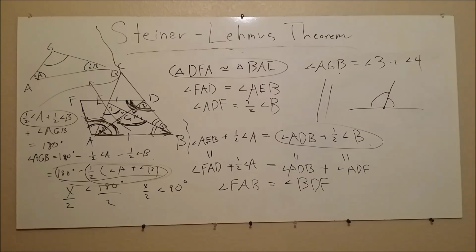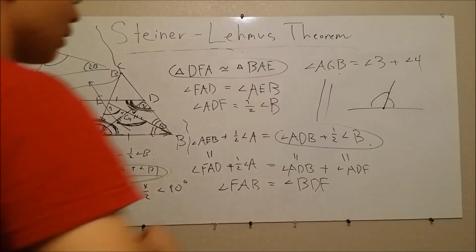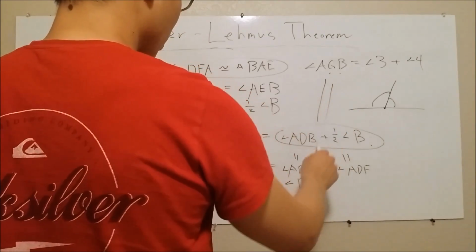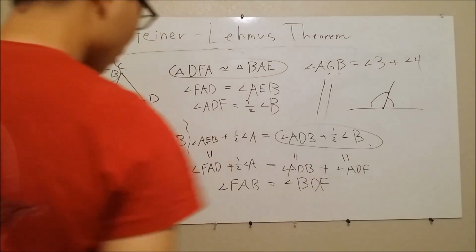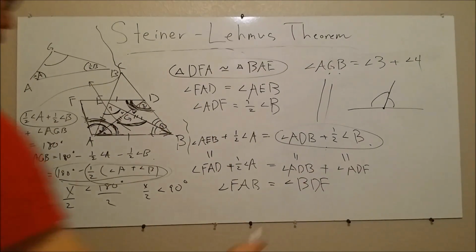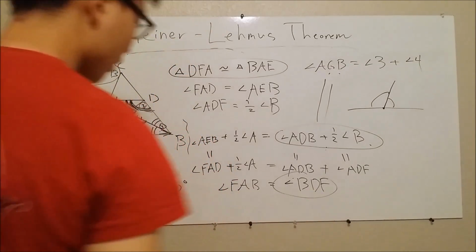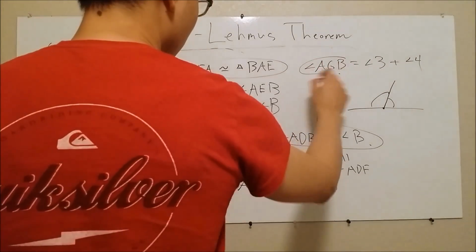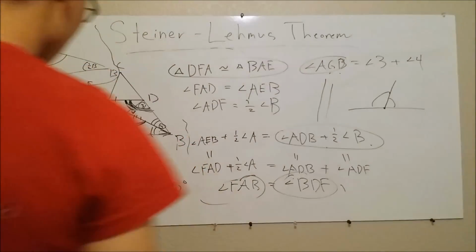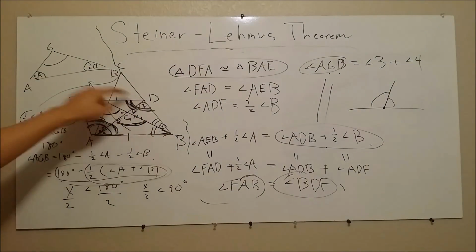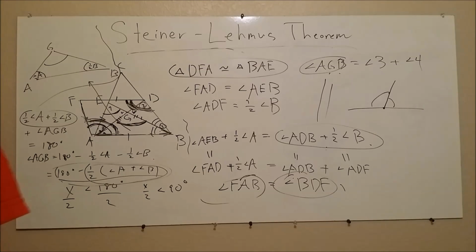And since we settled that AGB is equal to this thing, which is equal to this thing, we have AGB is equal to BDF is equal to FAB. So FAB, BDF, and AGB are all obtuse. And so we prove what we wanted.